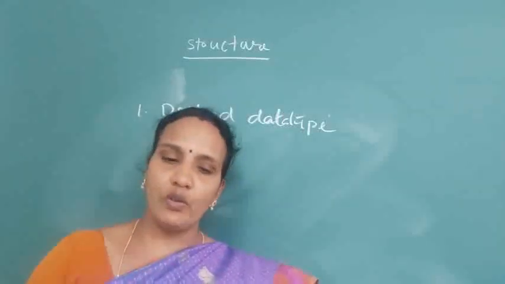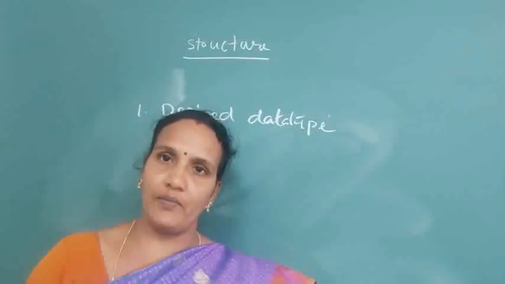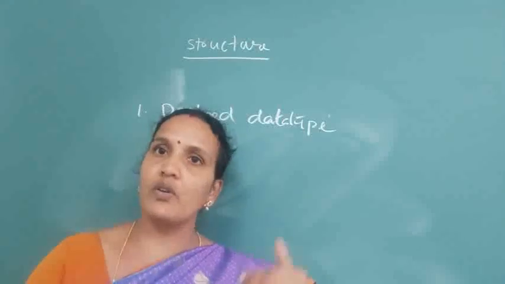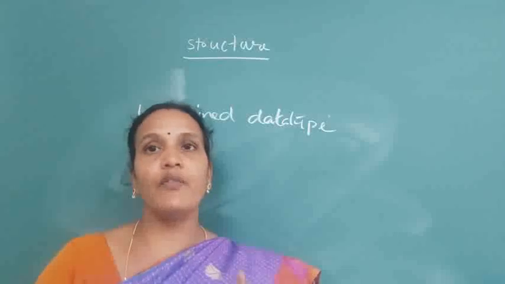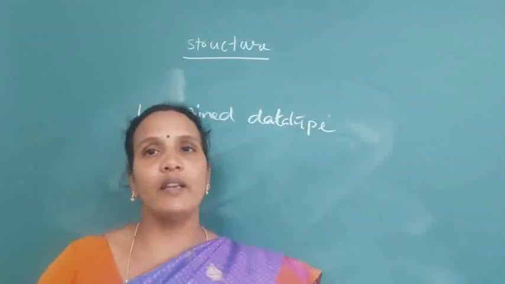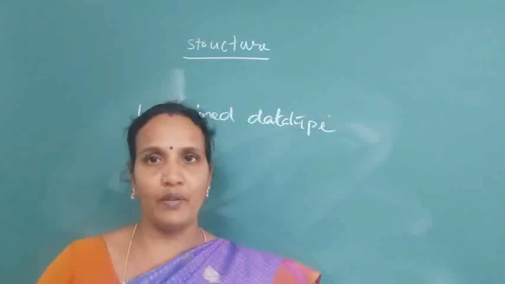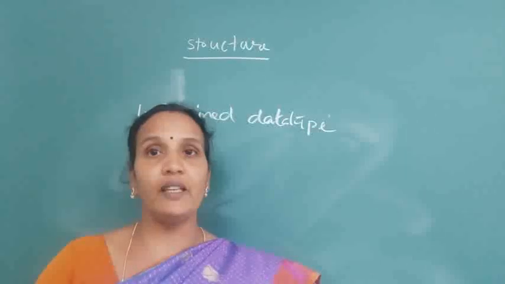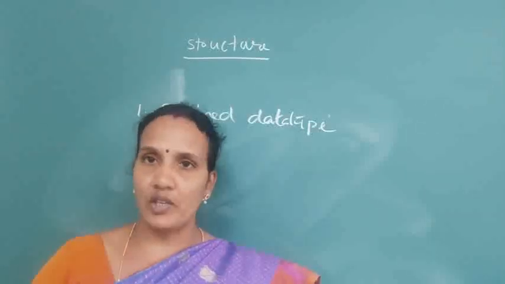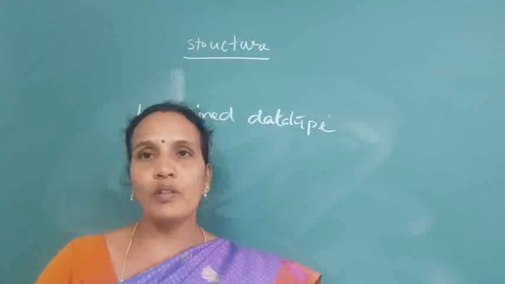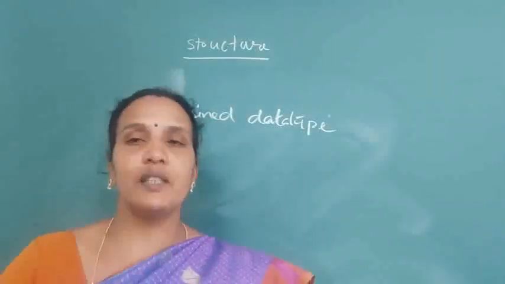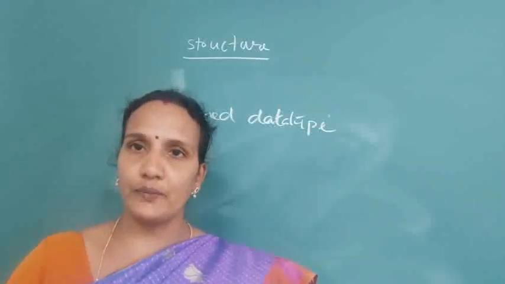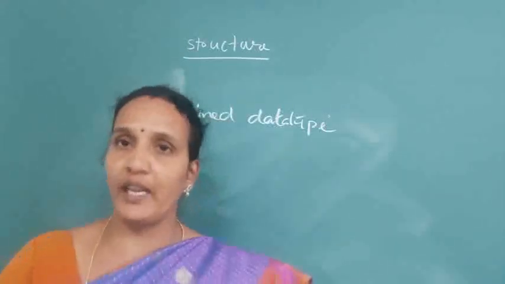If you are using an array, we can store more than one element of the same data type. In a structure, we can store more than one element of different data types. That is the difference. Understood? So a structure is a different derived data type.